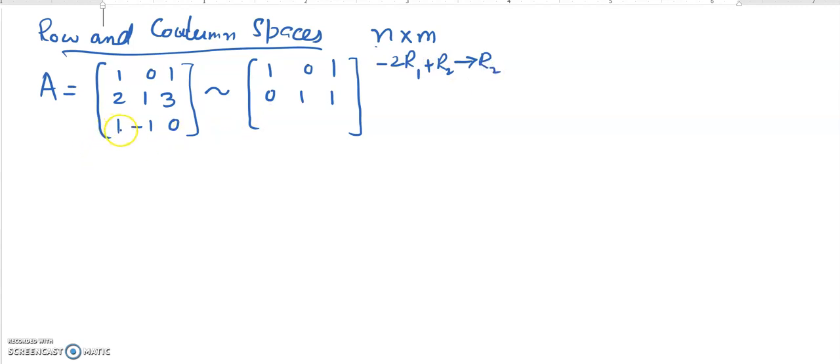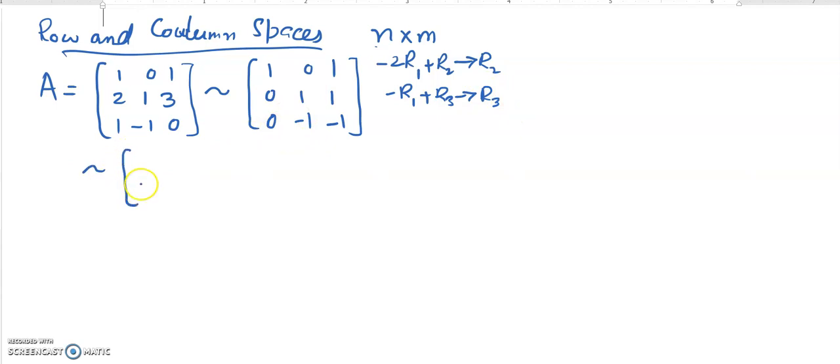And then for the third row, 1 minus 1 is 0, minus 1 minus 0 is minus 1, 0 minus 1 is minus 1. So the row operation is minus R1 plus R3 is R3.